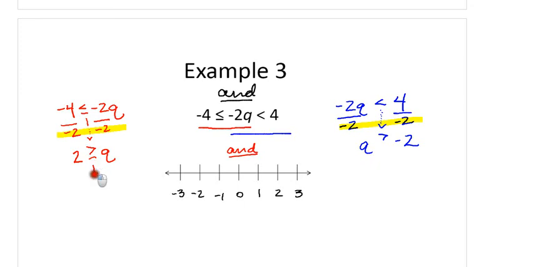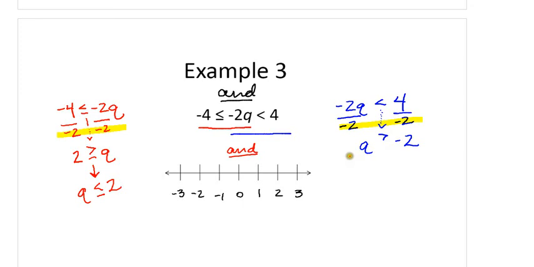So I'm going to keep that open sign to the 2 and rewrite it like this. Notice I've flipped the numeric and the variable terms, so I've also flipped the inequality. It's an easier way for me to see that any value that is less than or equal to 2 and any value that is greater than negative 2 is going to be my solution.